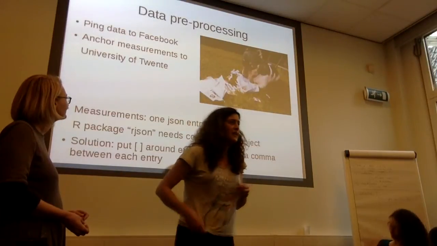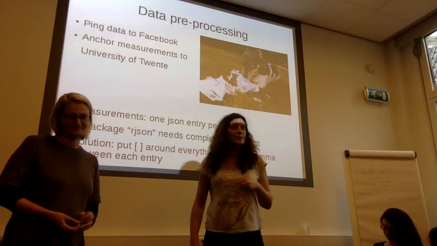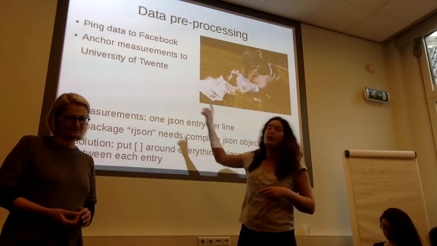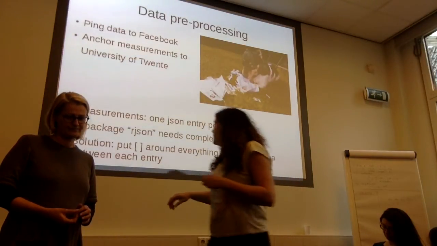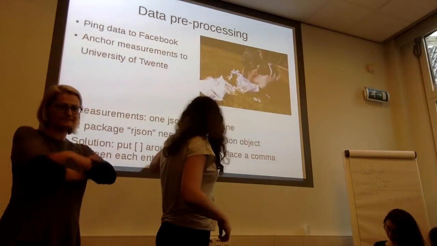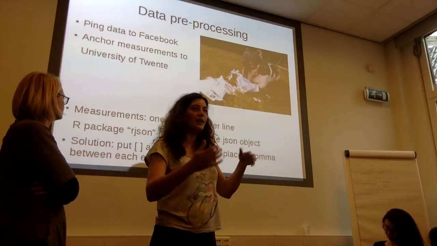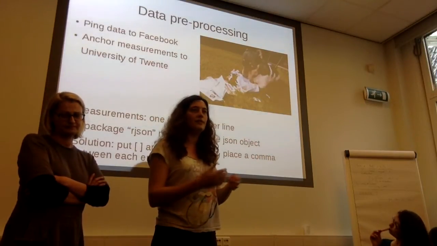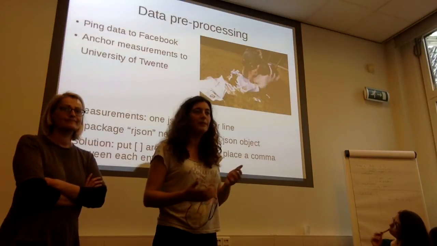We used two data sets, the ping data to Facebook, and measurements to the University of Twente. One of the things as feedback from this file was that you got one JSON entry on one line, and I understood that's very useful because otherwise you get a very large amount of information at one time.